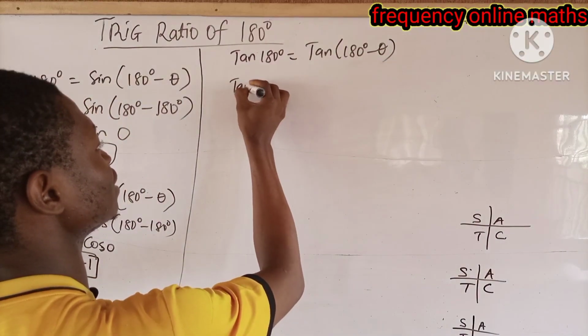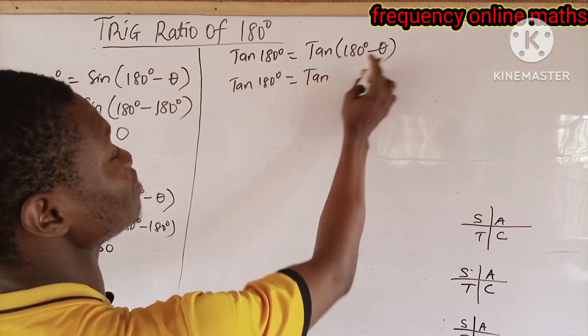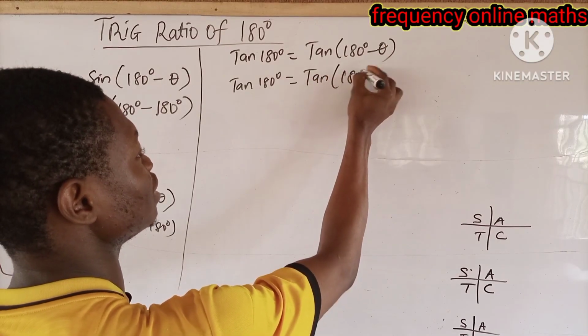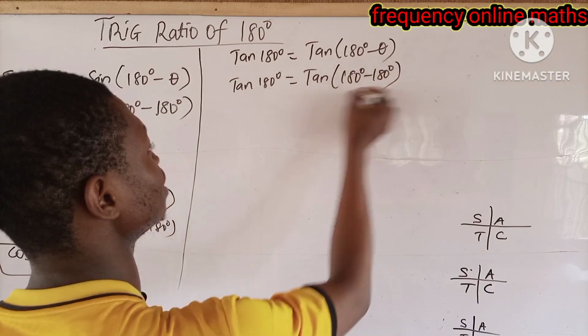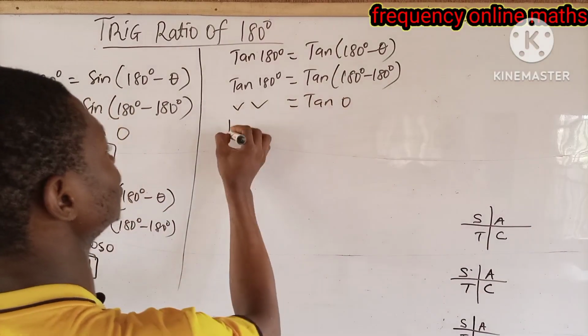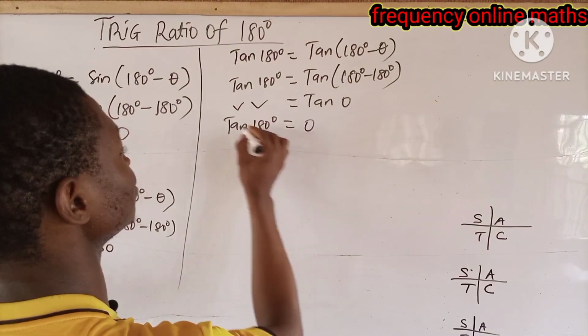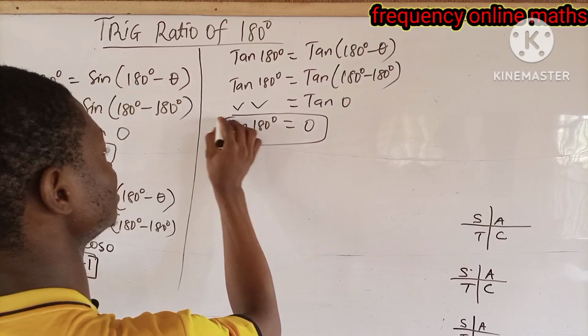So tan 180 degrees is equal to tan 180 degrees minus 180 degrees. So tan 180 is equal to tan 0. Tan 180 degrees is equal to tan 0, which is 0. So the value for tan 180 degrees is 0.